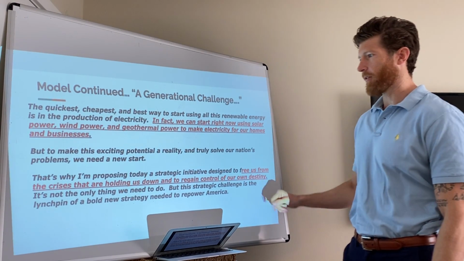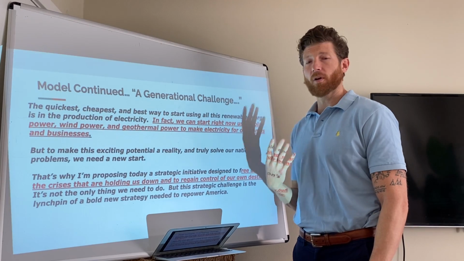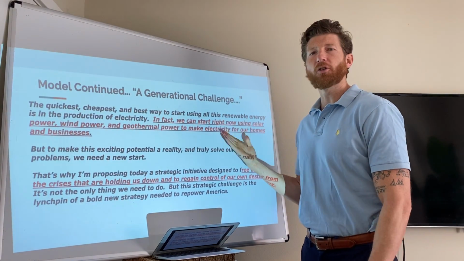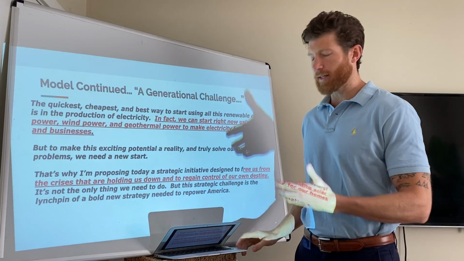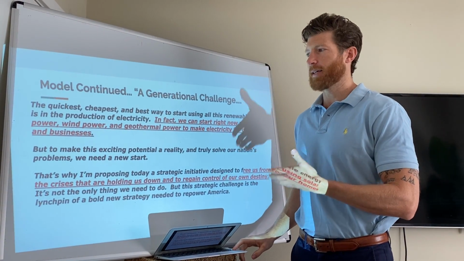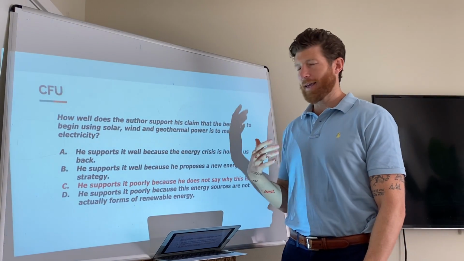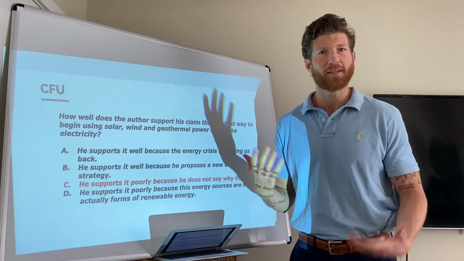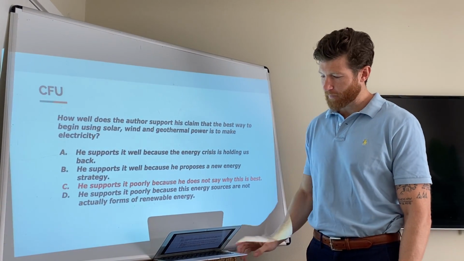These will free us from the crises that are holding us down and regain control of our own destiny. He says that we should do this, but he offers no reasons why. He doesn't explain why this is the best method. As a result of that, his argument or his claim is not very strong. So the correct answer is going to be C. Okay?